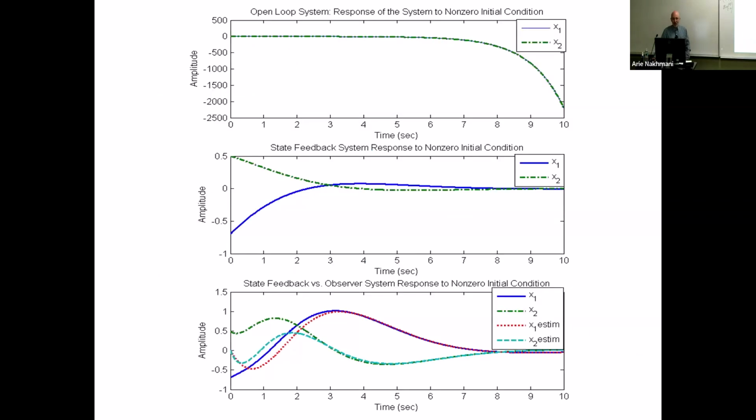And here's how it really looks, that type of output of the system, just to compare how with or without an observer you can get different results. So this is that system in particular. The first plot is the open loop response to particular initial conditions, which are probably like minus 0.6 and 0.5 for two different states.